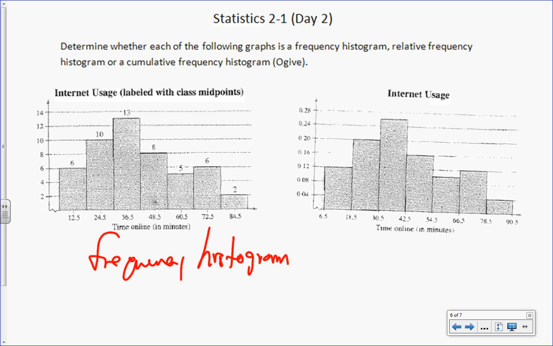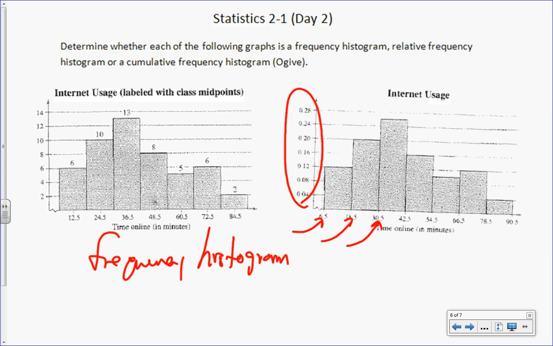If you take a look at the one on the right, same information. But notice now at the bottom they use the class boundaries. You see how they're using the class boundaries so that the bars touch? That way there's no gap between the bars. But then what about this vertical axis? Those are decimals. Agreed?